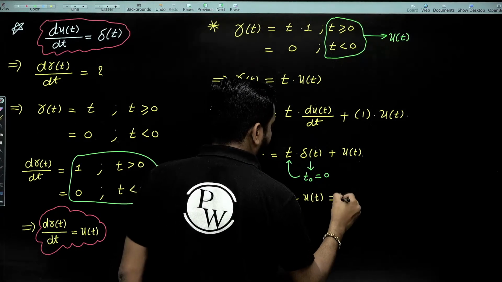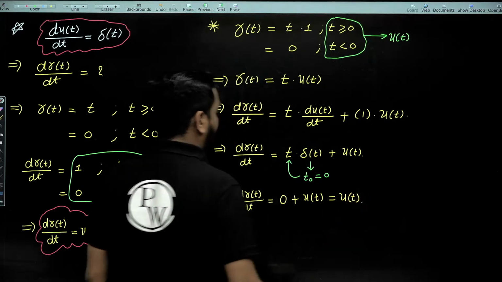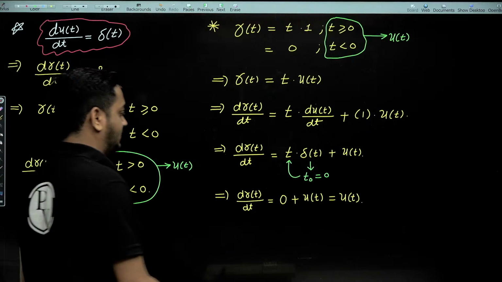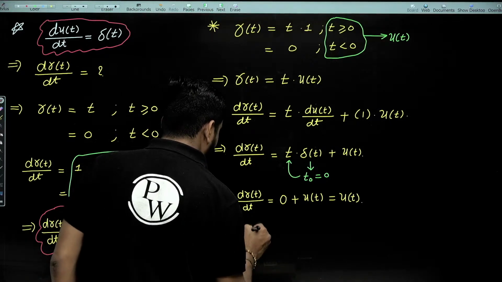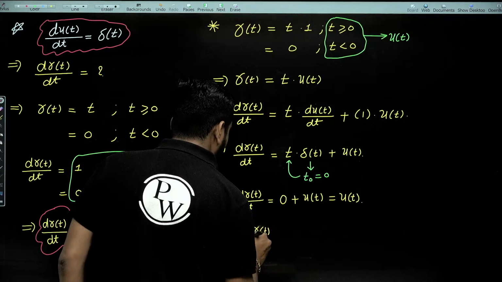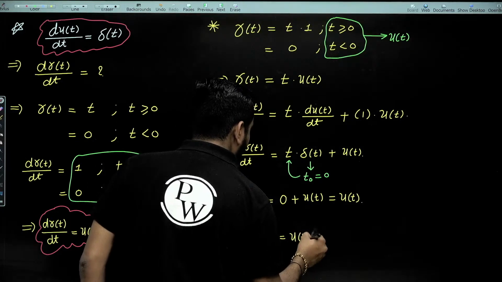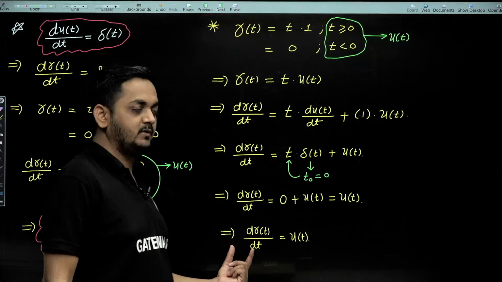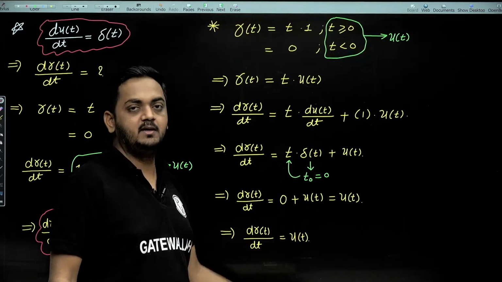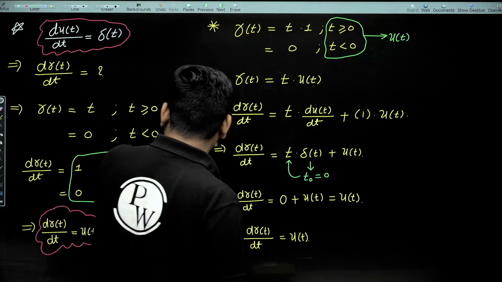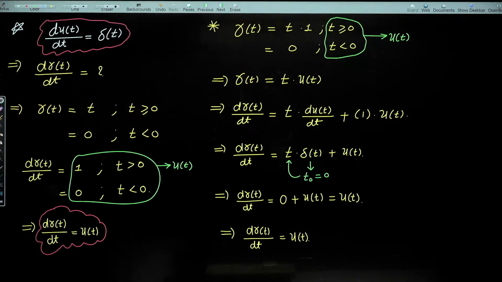So the answer is again u of t. This is one more way, guys. So the differentiation of the ramp function is u of t, and again if you differentiate this term, the differentiation of u of t will be the impulse function. Got it? So what is the important part here, guys?